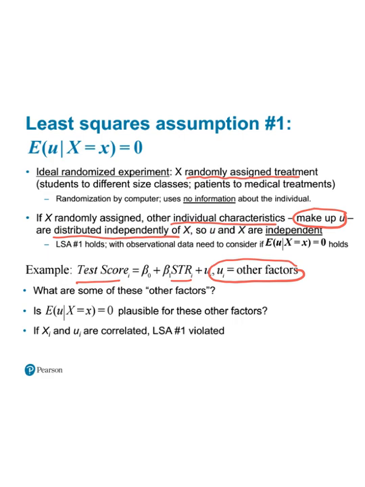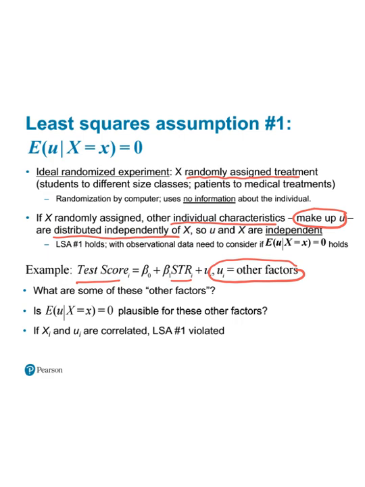There might be better teachers in one class than another. So you might be controlling for the number of students in the classroom, but if you have 30 students in a classroom with an amazing teacher and 10 students in a classroom with a poor teacher, you might actually have better test scores in the classroom with more students, with a higher student-teacher ratio. We might also have language barriers, immigration status.